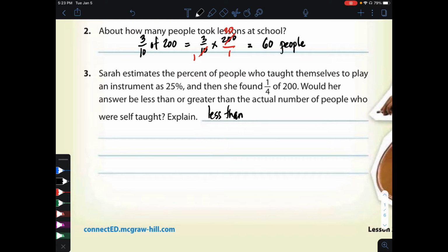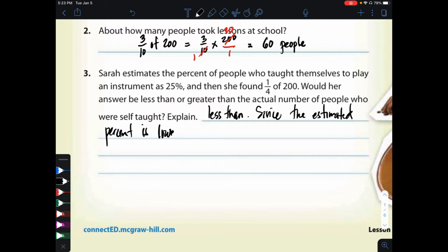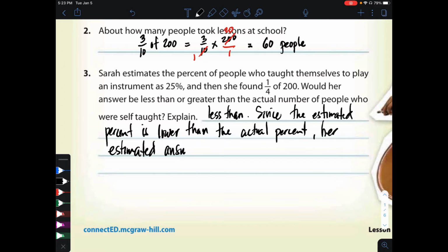Why is that? Because the estimated percent is lower than the actual percent, her estimated answer will be less than the actual answer.